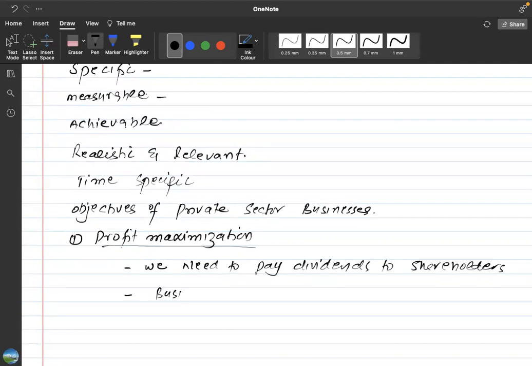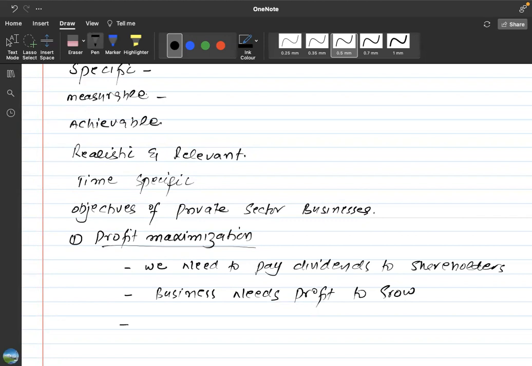Business needs profit to grow. If we have profit, then only can we reinvest that profit and ensure our growth in the future.